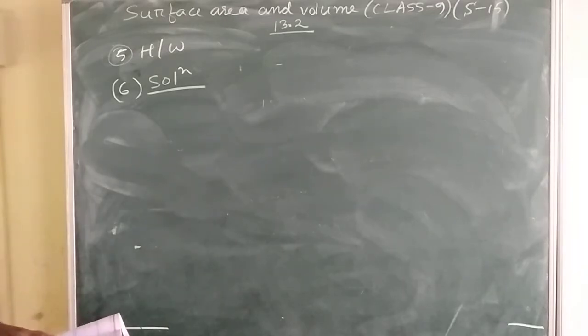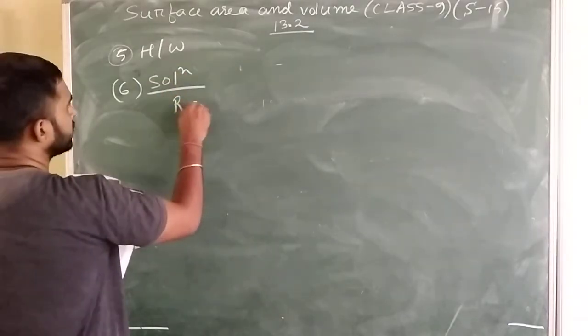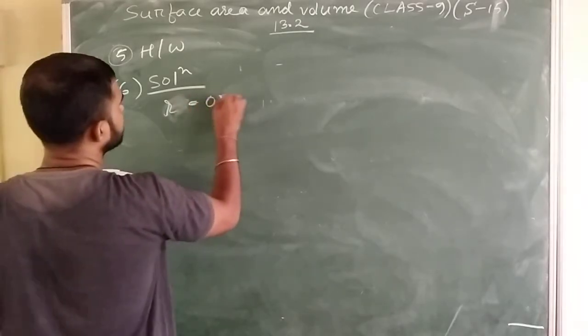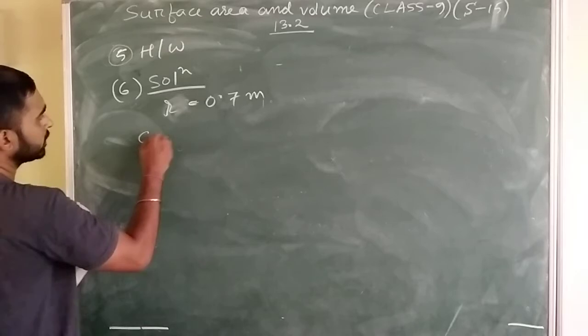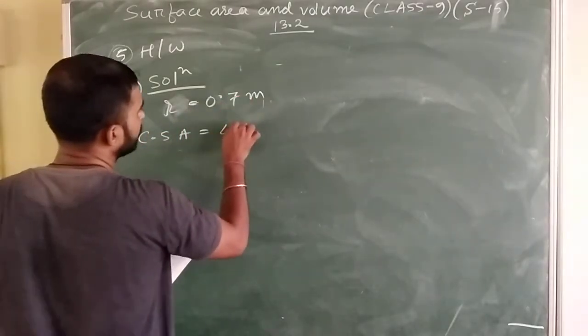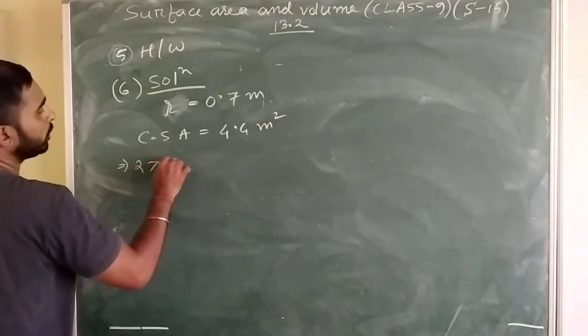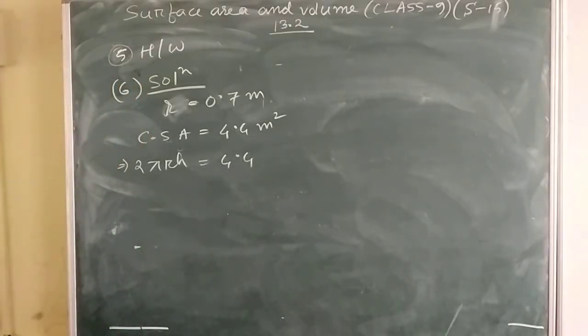What is question number 6? The curved surface area of the right circular cylinder is 4.4 and the radius is given. Radius equals 0.7 meter and the CSA is given, curved surface area equals 4.4 square meter. Now the CSA formula, 2 pi RH equals 4.4. Find the height.